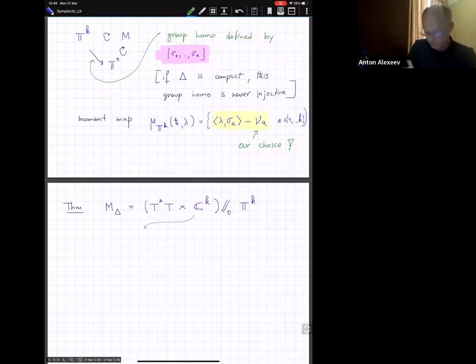Of course, we should say what is the Hamiltonian structure on C^K, but that's the standard one.